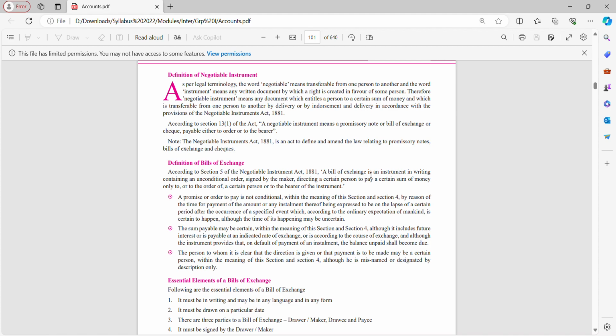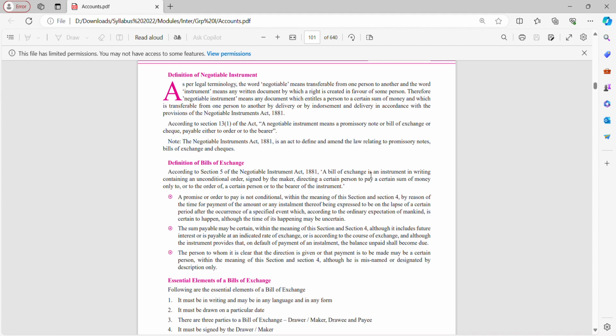A sum payable may be certain within the meaning of this section and Section 4 although it includes future interest or is payable at an indicated rate of exchange. The sum payable must be certain.